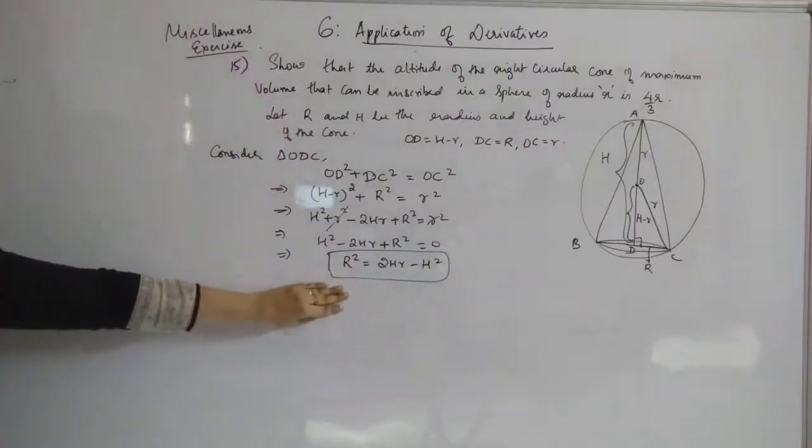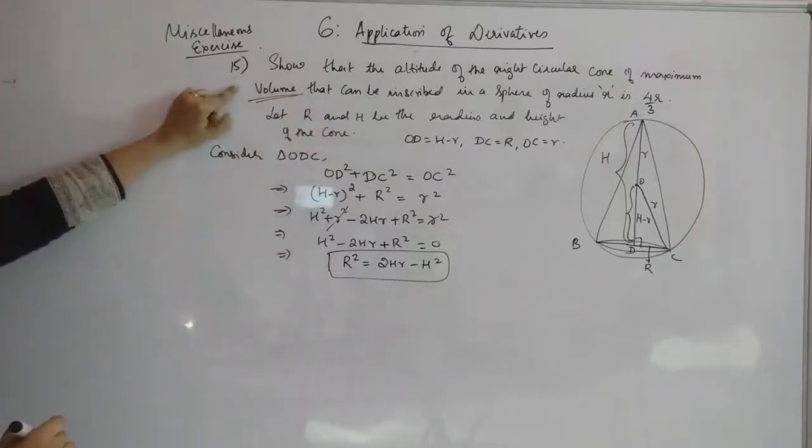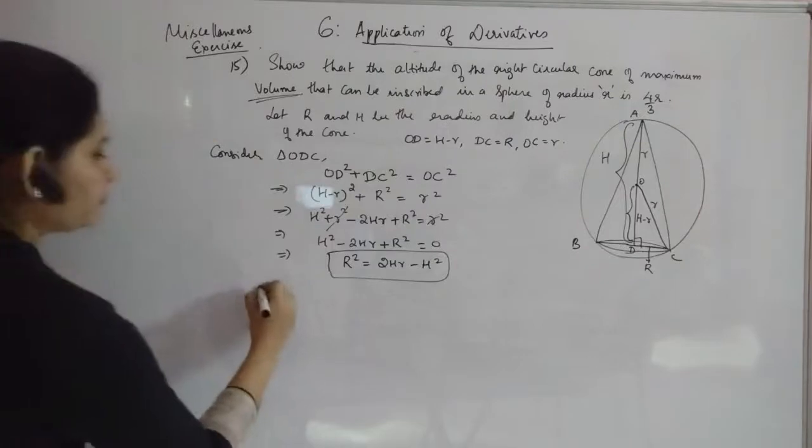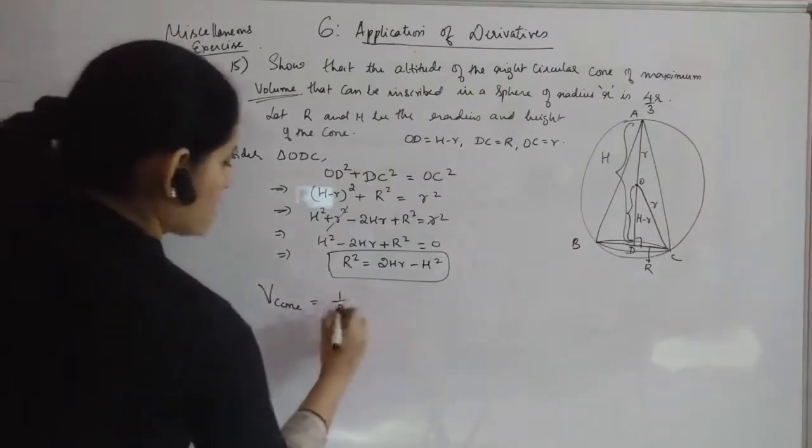Now this we will use in what we have to maximize or minimize, that is volume. So we will start with volume of the cone. What is volume of the cone? 1 by 3 pi R square H, right?